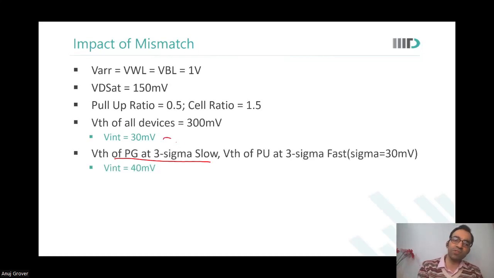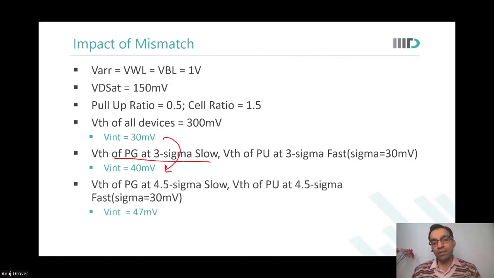We see Vint rises from 30 to 40. You increase the VT of the pass gate, and also change the VT of the pull-up, and you see this goes still further. So the system is degrading.